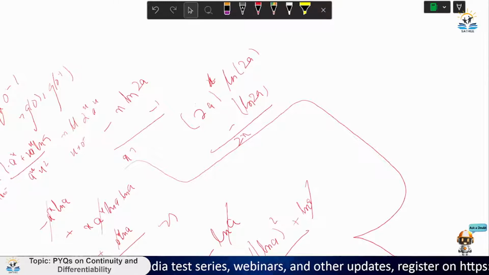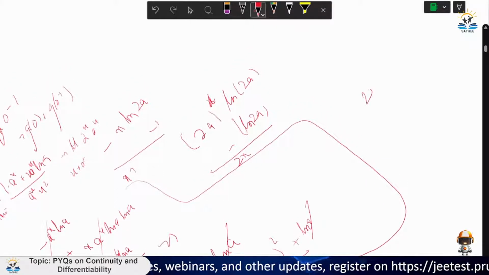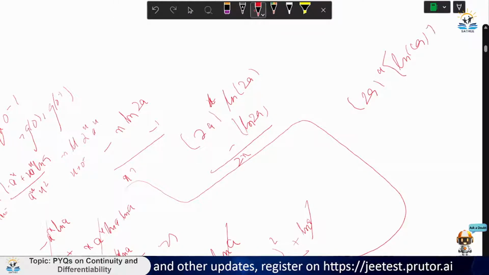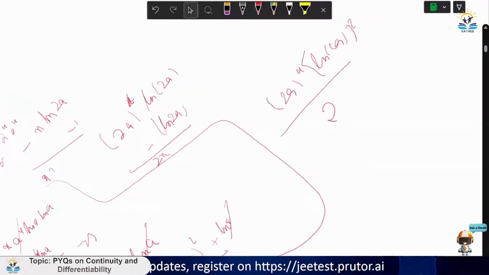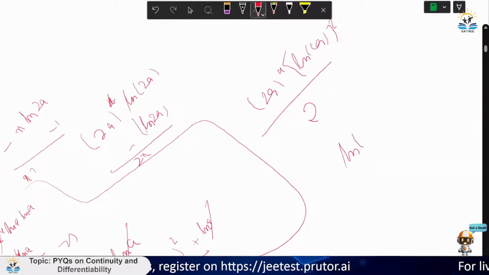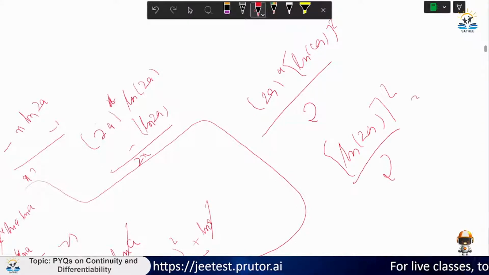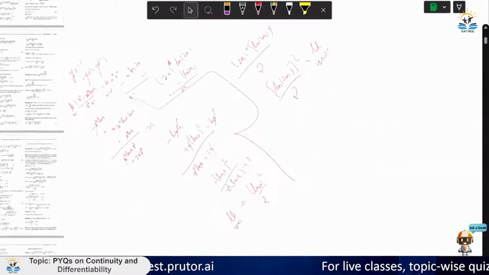Yes. So now let's differentiate again. So I'm getting 2a ln 2a whole square, it goes to a constant. So the limit becomes ln 2a whole square by 2. That is my limit at 0 positive.